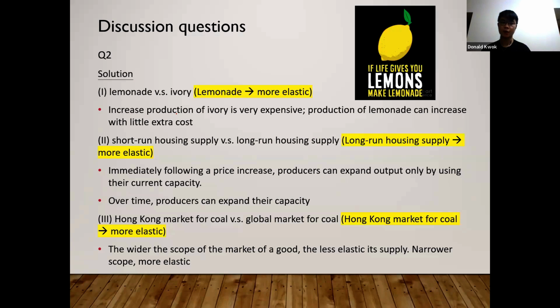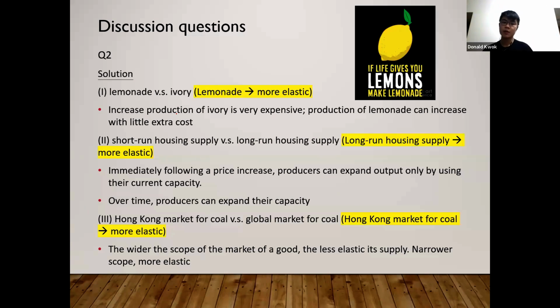So they are more readily available and the cost will be rather low. But if you'd like to increase the production of ivory, it would be harder to extract, and it is also more costly to do so. So it will require a higher cost, and thus the supply of ivory will be less elastic. Okay, so using the determinant here, lemonade will have a more elastic supply than ivory.